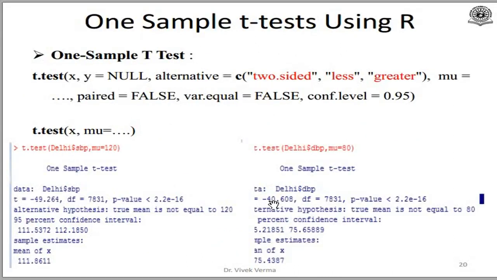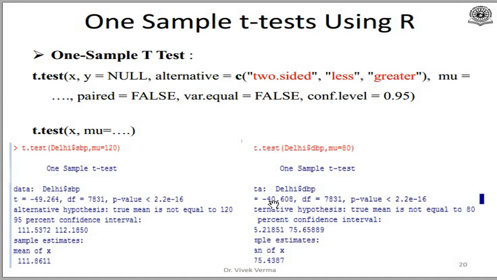In order to perform a one sample t-test, the command is elaborated here, where the alternative may be two-sided, less, or greater, which I have explained in my previous slides. We start with mu, a certain value which has been left blank. If we are aware of the population characteristic, you should mention it to check whether the sample presents the same population characteristics. Paired and another variable will be required for further analysis.